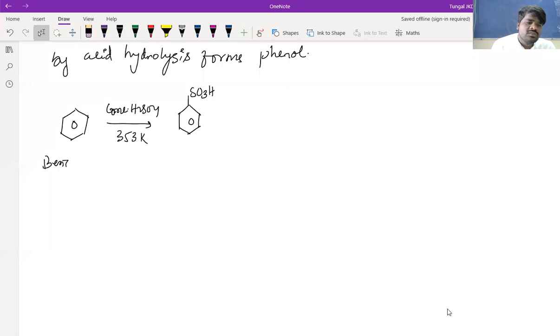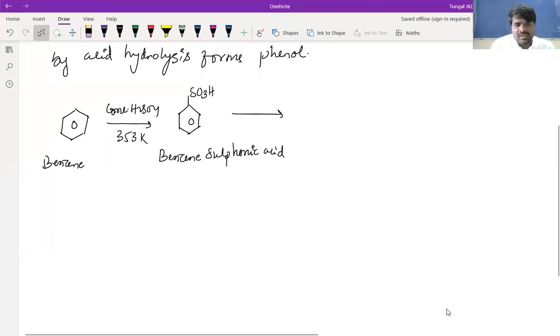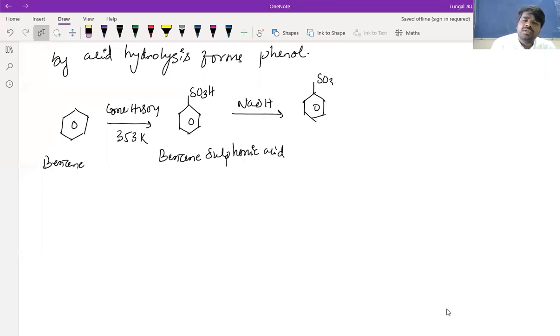This is benzene sulfonic acid. On heating with NaOH, it will form sodium benzene sulfonate.